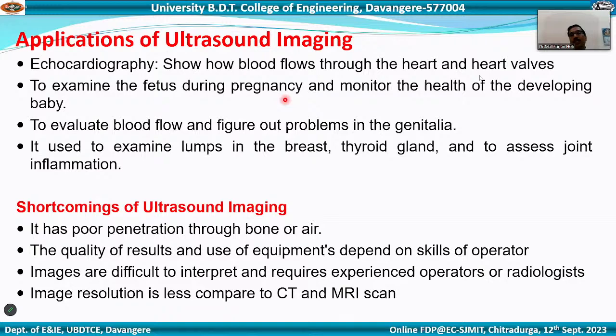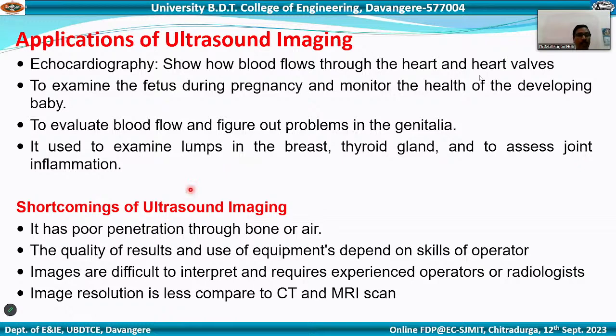Once the pregnancy is confirmed, after nearly 1 month, after 4 weeks or 6 weeks, the woman undergoes scanning, by which we can see the fetus development. They need to monitor continuously at different weeks, evaluate the blood flow, figure out problems in the genitals, the prostate gland, and other problems, and examine lumps in the breast, thyroid glands, and assess joint inflammation and others.